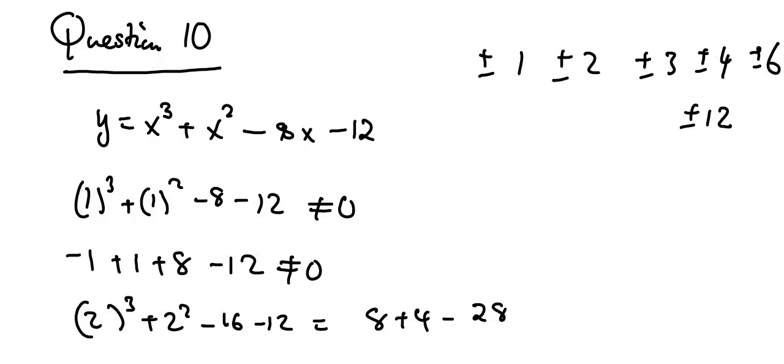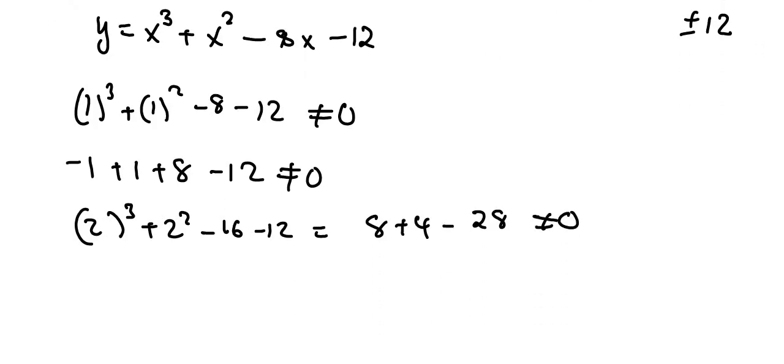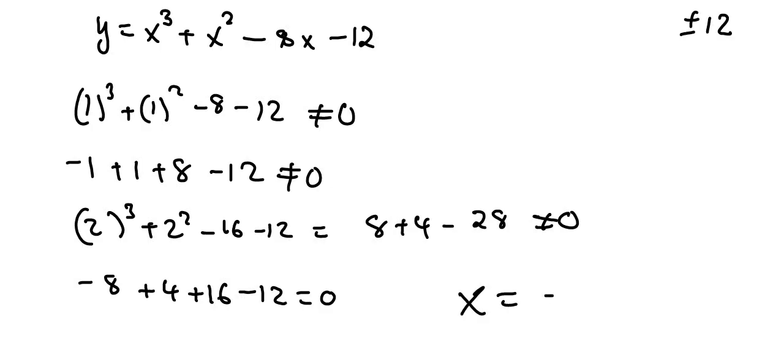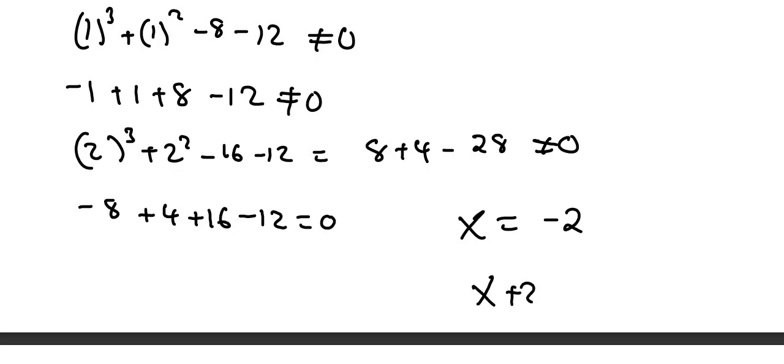This is going to be 4. This is not equal to 0. I try -2. This is going to be -8, then plus 4, this is plus 16, then this is that. This will be 0, is it? Yeah, this becomes 0. So meaning x equal to -2 is working, meaning that x plus 2 is a factor.